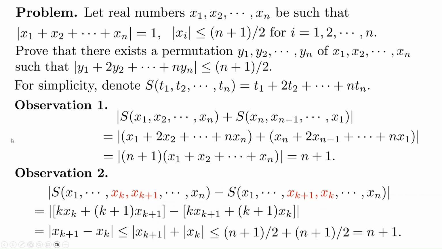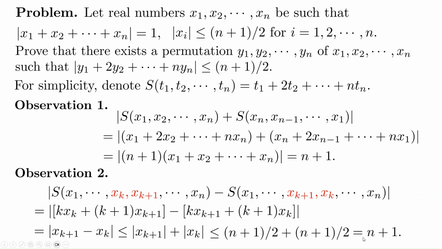A quick summary. First, the addition of the weighted sums of a sequence and its complete inverse equals n plus 1 in absolute value. Secondly, the distance between the weighted sum of a sequence and a permutation obtained by switching two consecutive terms cannot exceed n plus 1.